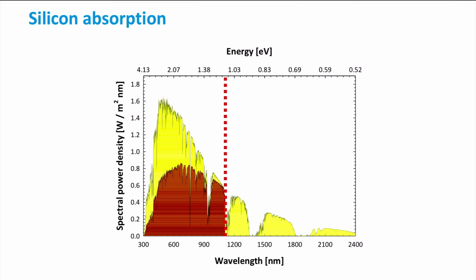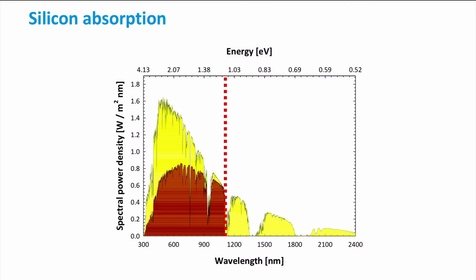In this figure, you can see the spectral power density of the AM1.5 spectrum in yellow. You can also see the fraction of the spectral power density that can be absorbed by silicon and converted into electricity in a solar cell. This is the brown fraction of the spectrum.